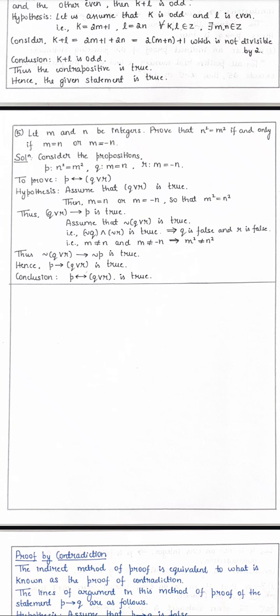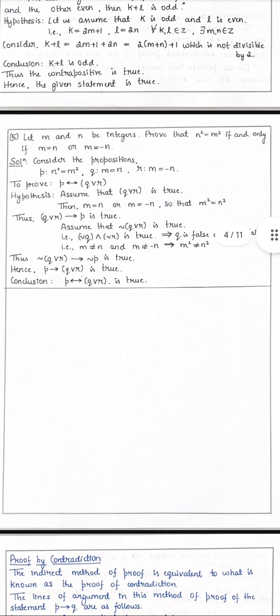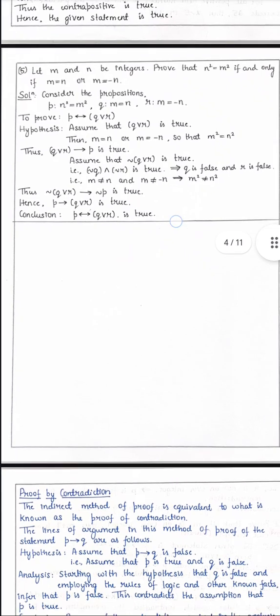Prove that if m equals n or m equals minus n, then n squared equals m squared. We have to take that as the contrapositive. N squared equals m squared, then Q or R: m equals n, m equals minus n.